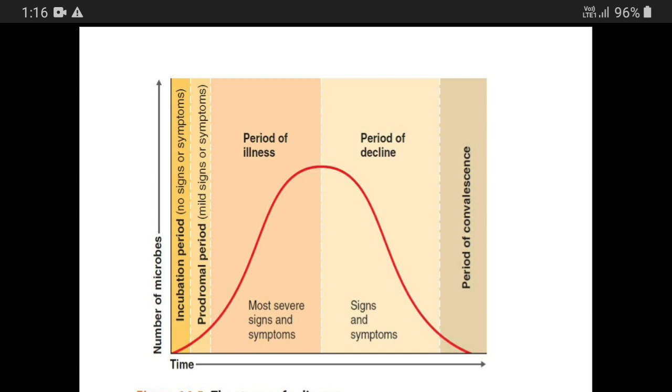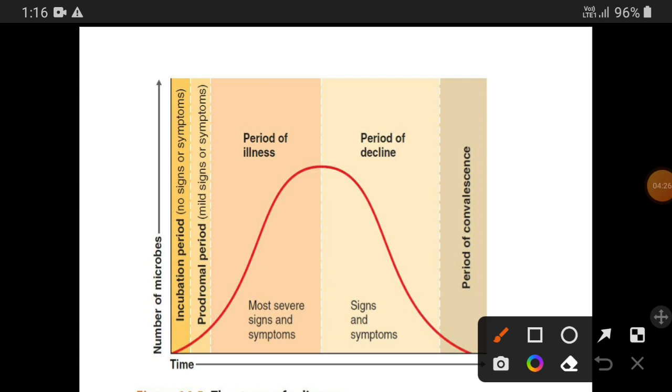During that time the microorganism starts secreting enzymes and toxins to cause damage to the host. It is also the time in which the host system becomes alerted that there is a pathogen inside, so we have to turn on our immune system to fight against the invading pathogens.